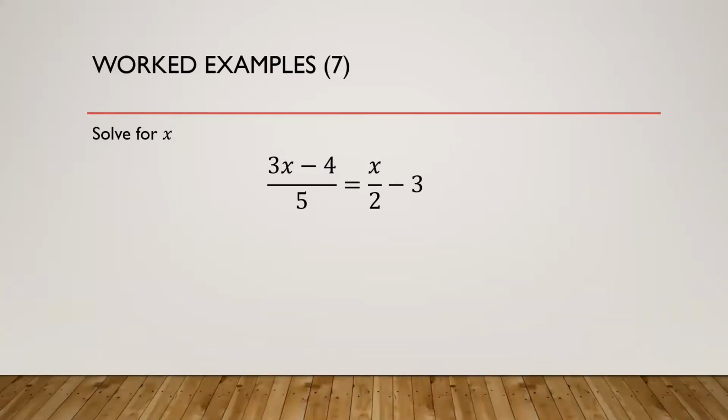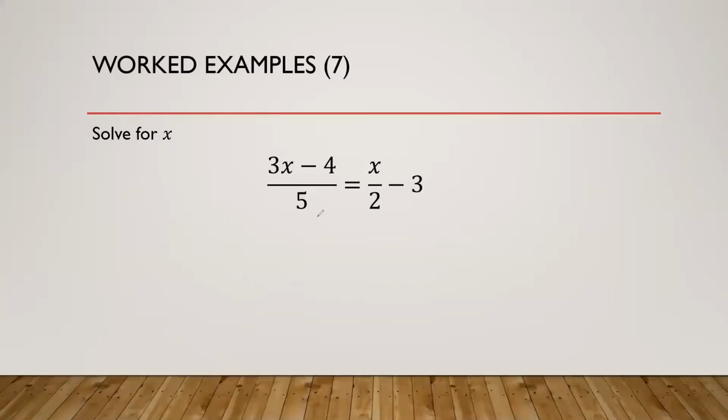Ideally, the lowest common multiple. It doesn't have to be the lowest, but it's easier if it's the lowest common multiple of the denominators. So the lowest common multiple of 5 and 2 is 10. So the easiest thing to do here is to multiply both sides by 10 in order to get rid of the fractions.